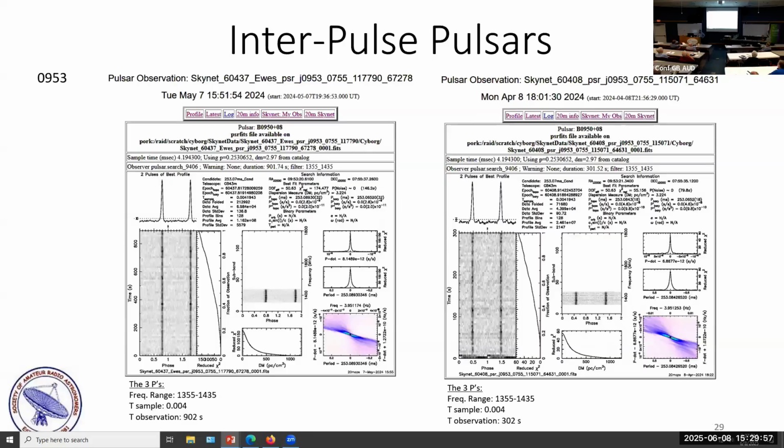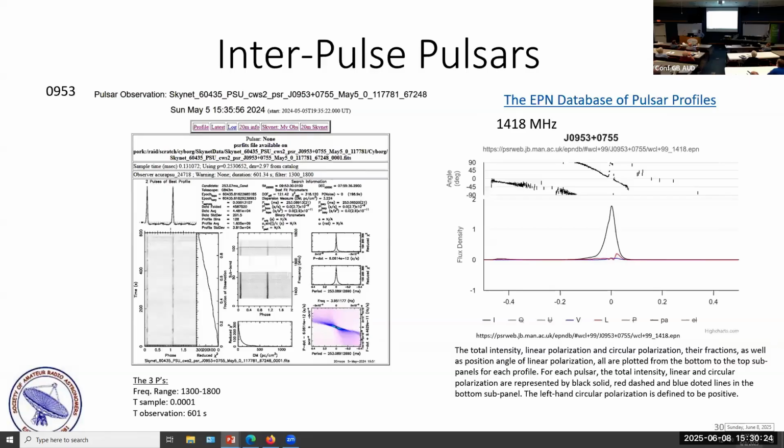Now R 53. Both of these are good. They have the same frequency range and the same integration time. The one on the left, which seems to be slightly better, has a better observation time. And 2 more of the same pulsar. Better integration time, really the same observation time, predicted profile.